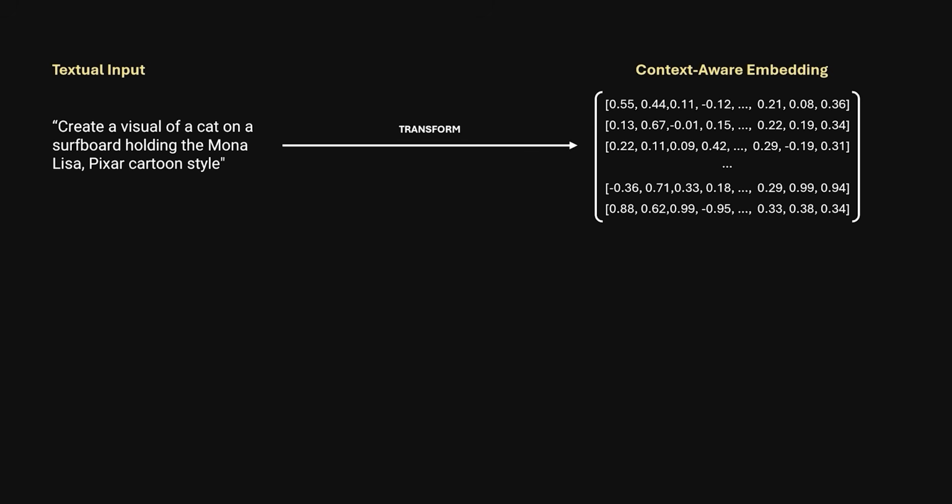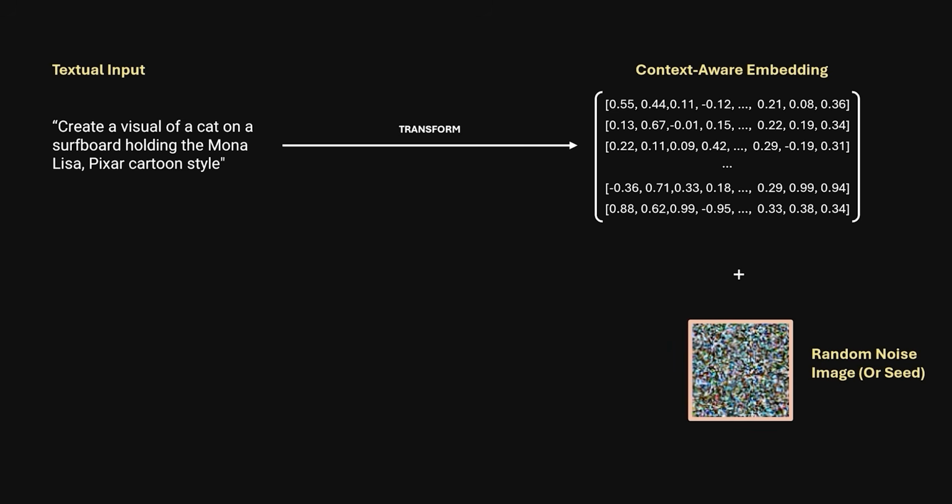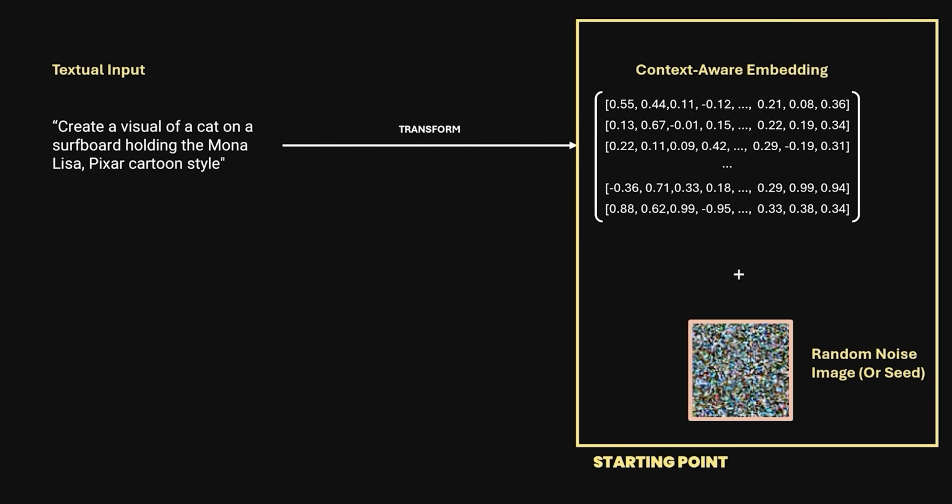This context-aware embedding is then paired with an image containing completely random noise. This random noise image, also known as the seed, doesn't contain any recognizable patterns or features. It's purely random. Together, they serve as the starting point for the diffusion process.